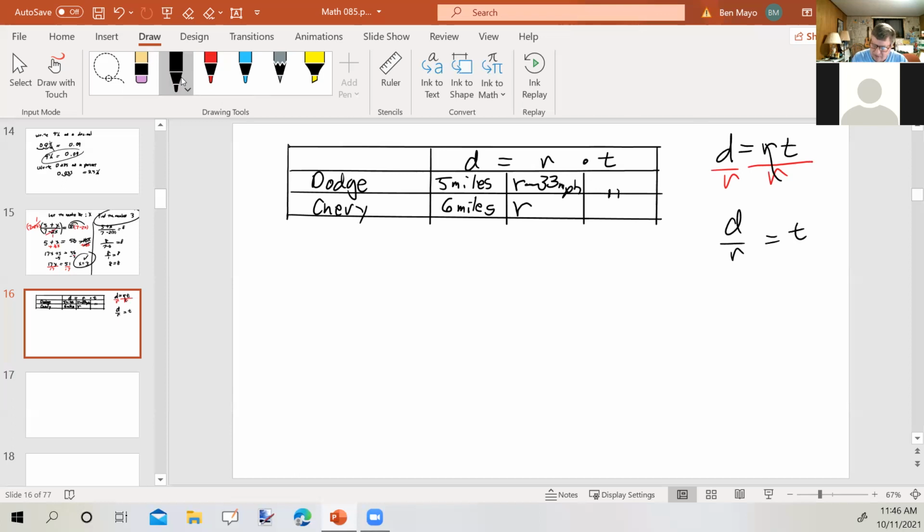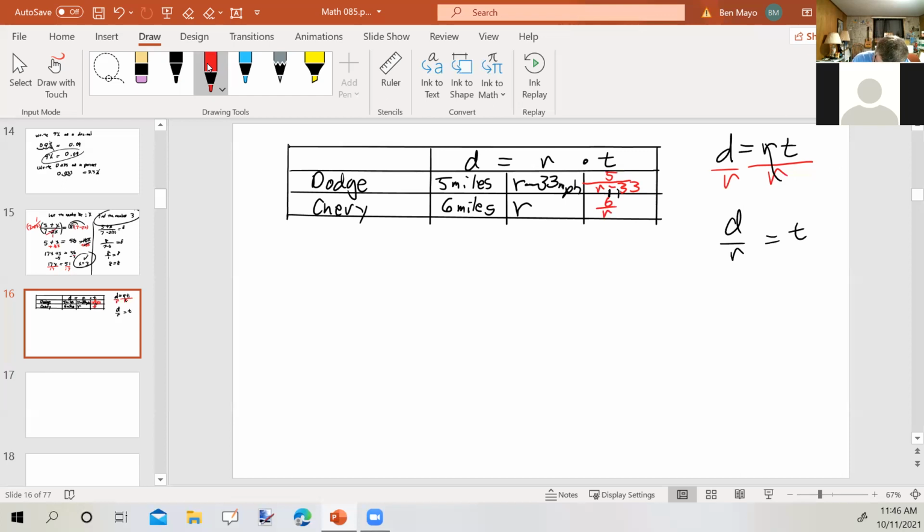So time equals distance divided by rate. For the Dodge, the time would be 5 divided by R minus 33. The time for the Chevy would be 6 divided by R. But we know the times are equal.